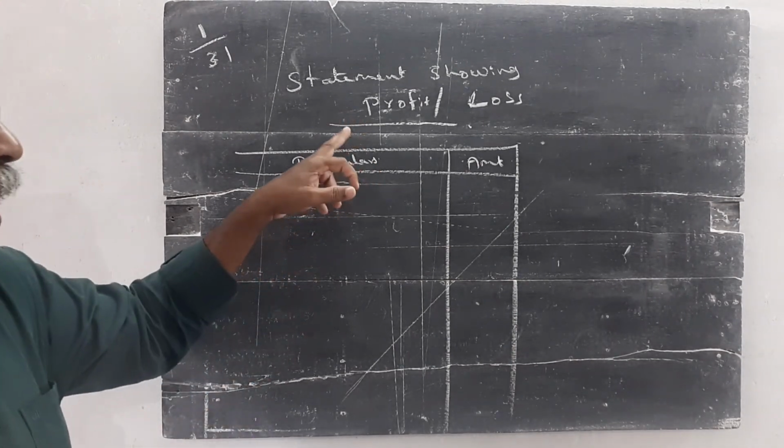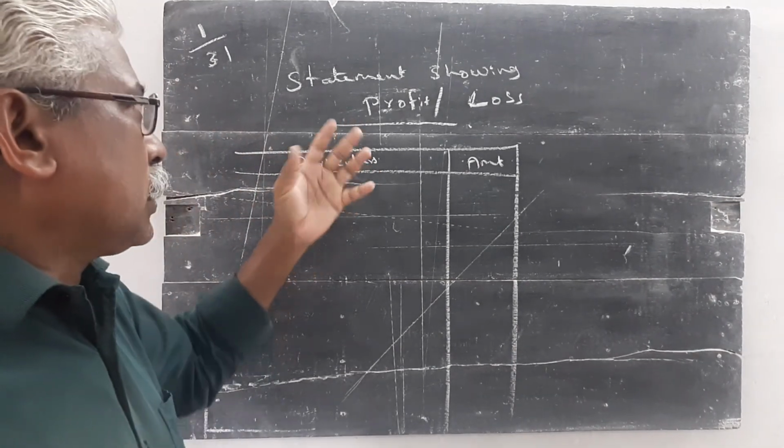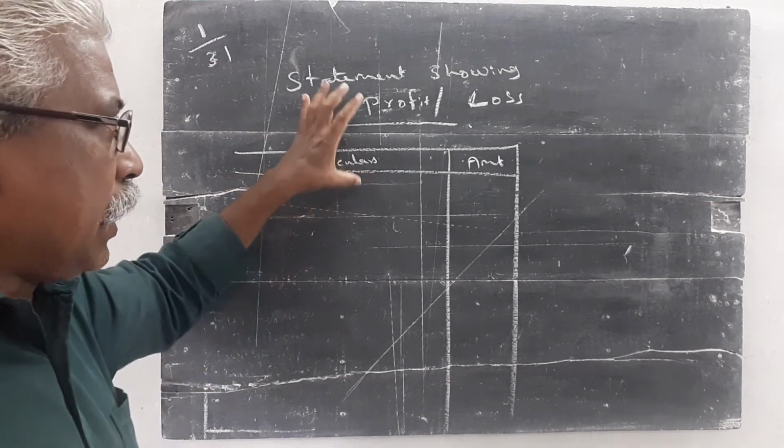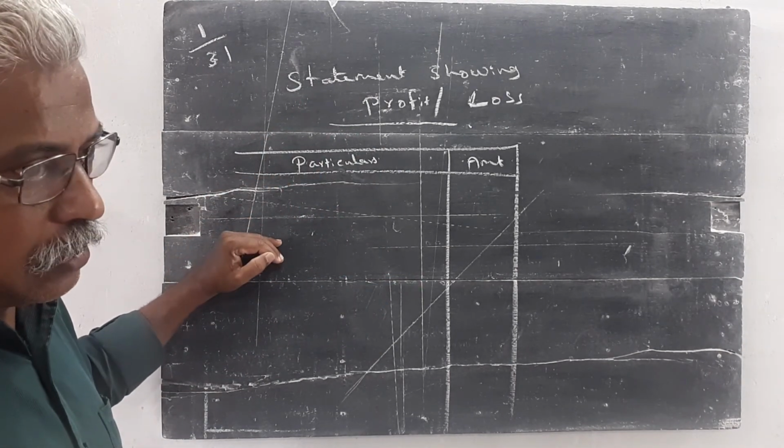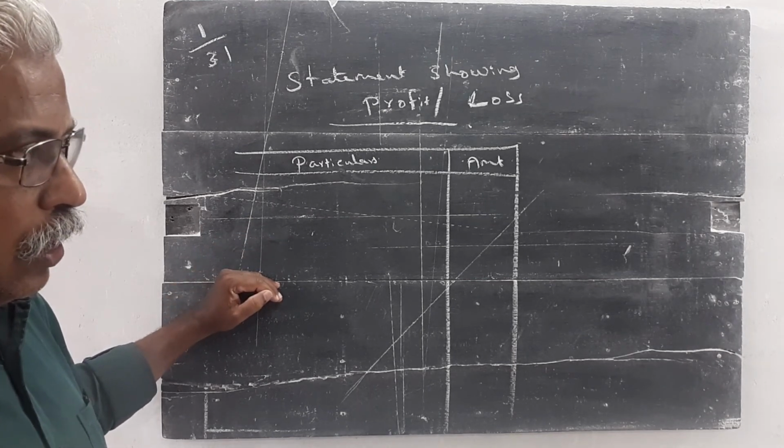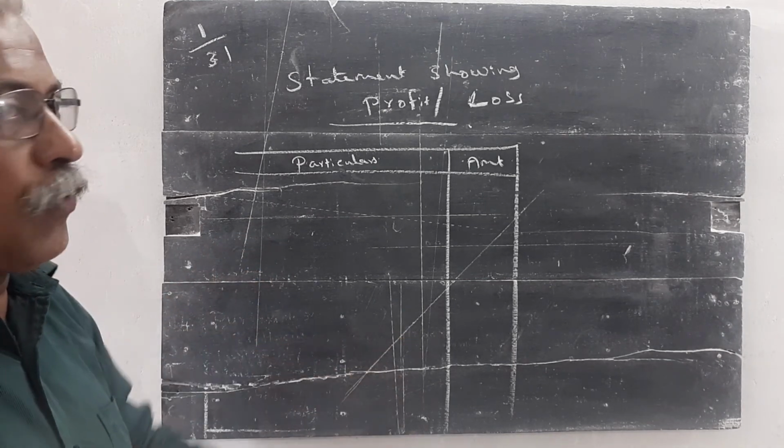What is the formula? Already we studied this question. Once again, I just write the formula. Capital at the end, add drawings, less additional capital, less opening capital, we can get profit or loss.